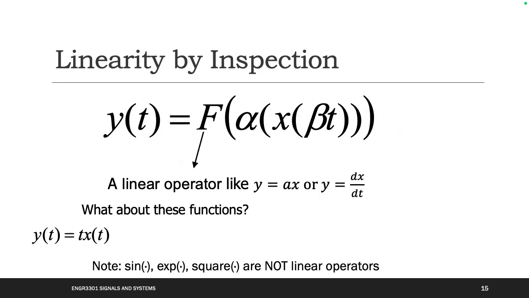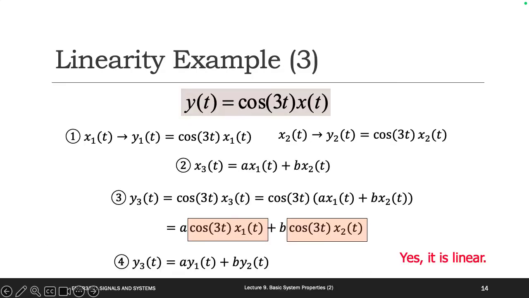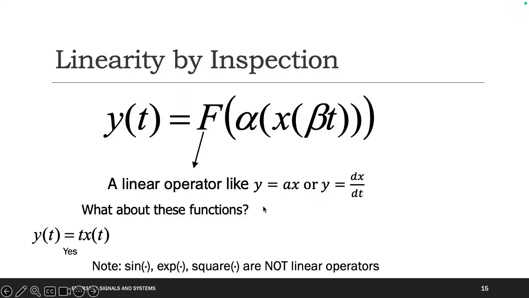How about this one? Linear operator. Yeah, actually this one is like a 1 times x(t), am I right? Yeah, because this is a linear operator. Also, you can use the first step to prove that. And then how about this one?